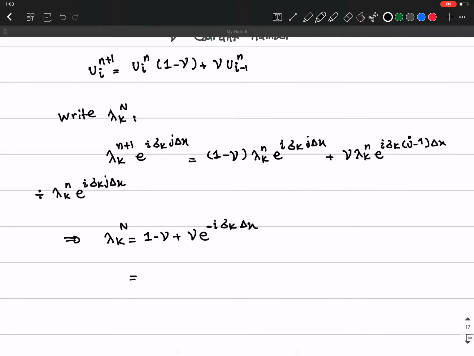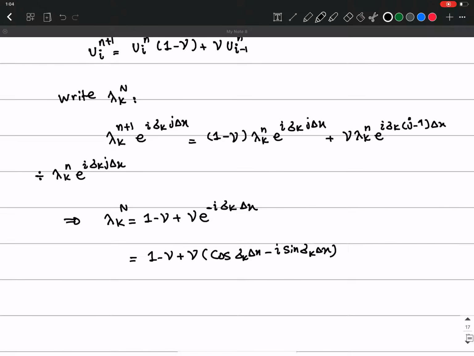I can further simplify it, using the definition of e to the i theta, cosine sigma_k delta x minus i sine sigma_k delta x, which equals 1 minus nu plus nu cosine sigma_k delta x minus i nu sine sigma_k delta x.